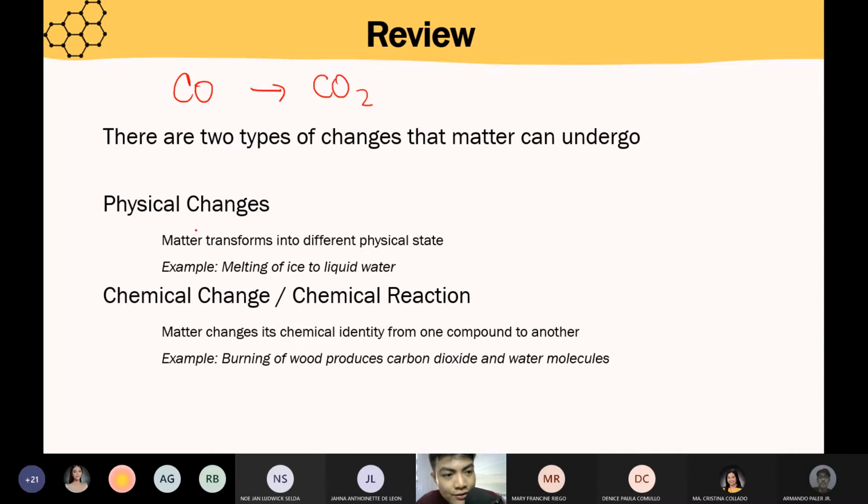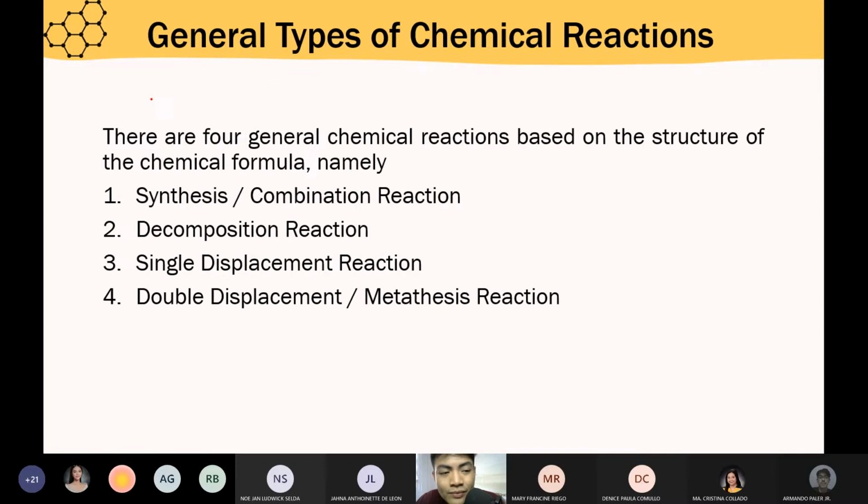Usually chemical changes are often referred to as chemical reactions, and as we know, chemical reactions are accompanied by chemical equations. In high school, we have these types of chemical reaction: synthesis, decomposition, single displacement, and double displacement or metathesis reaction.